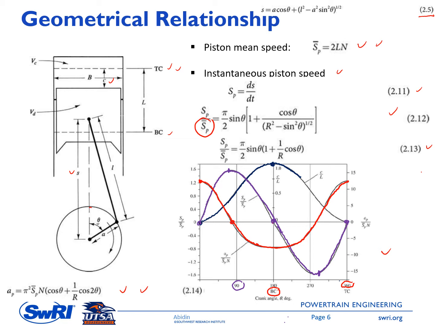So this one is 0, and this one is also 0. This instantaneous piston acceleration controls the inertial force generated by this reciprocating motion, and we will see later what the shape of the torsion will be and so on.